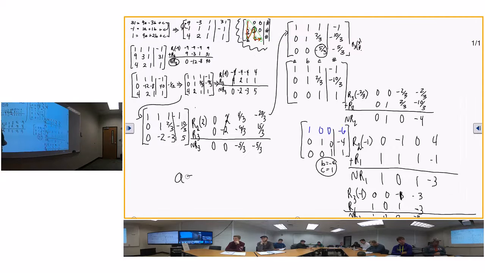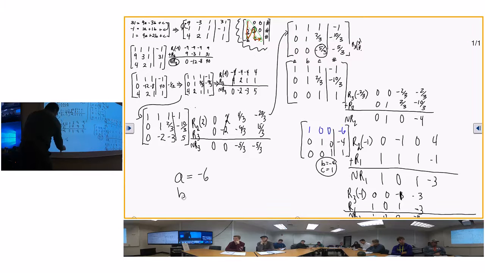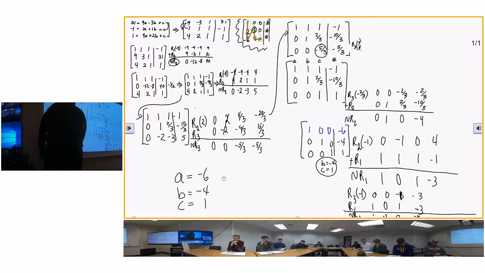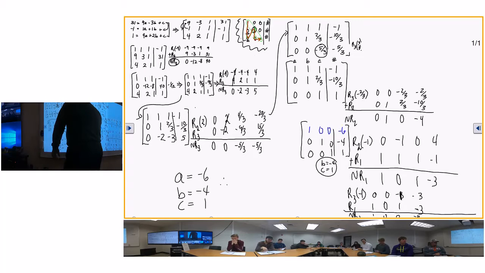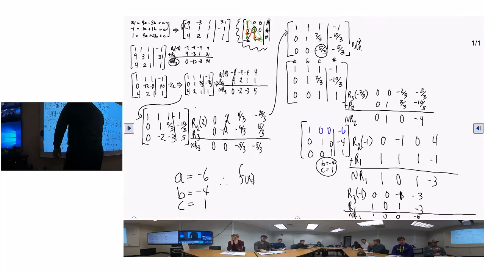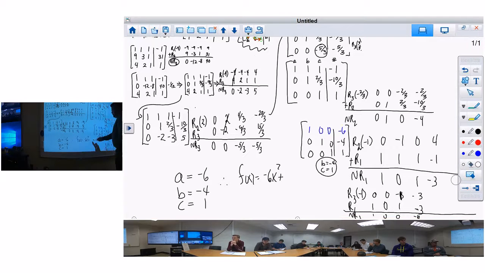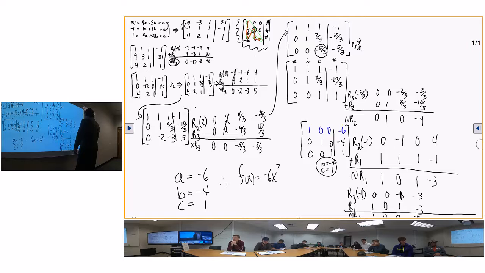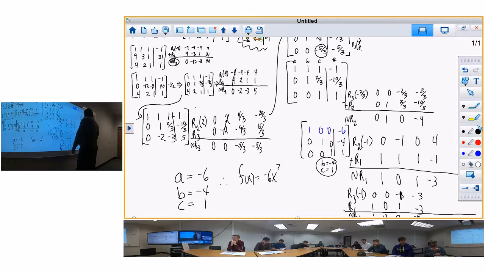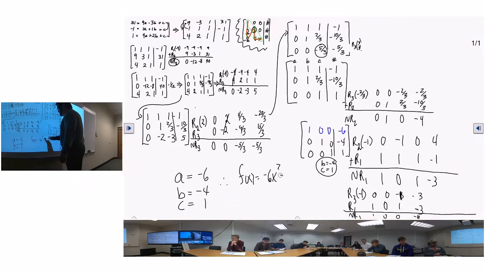A is equal to -6, B is equal to what? -4, and C is equal to +1. Therefore, f of x is equal to -6x squared minus 4x plus 1.